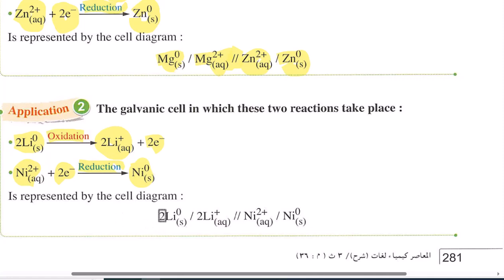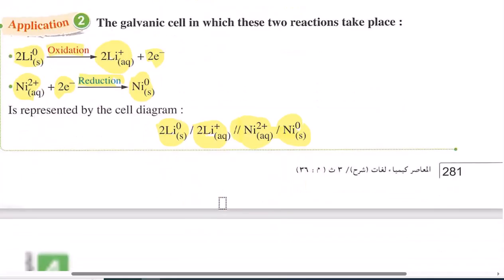It starts from the anode, 2 lithium atoms solid oxidized in the solution to 2 lithium ions aqueous. Salt bridge, and the cathode starts from the oxidized form, nickel positive 2 aqueous, which is reduced on the cathode electrode to transform into nickel 0 solid.